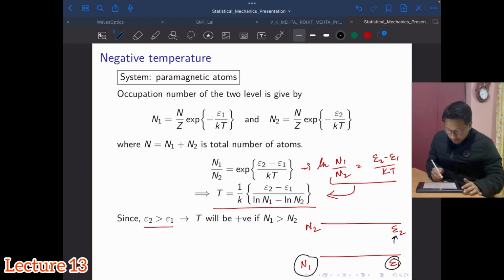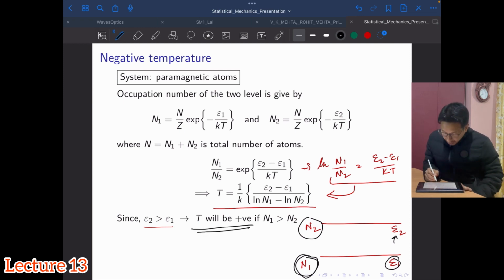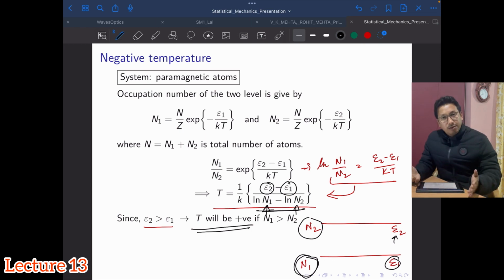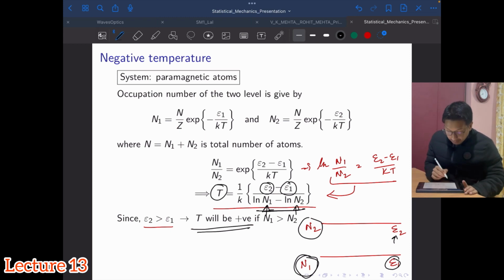So since we know that E2 is greater than E1, and if N1 is greater than N2, which is usually the case, the temperature will be a positive quantity. Because N2 is in the denominator and N1 is greater than N2, the logarithm is a positive quantity here, and E2 is greater than E1, so both will give a positive number. So temperature will be a positive quantity.